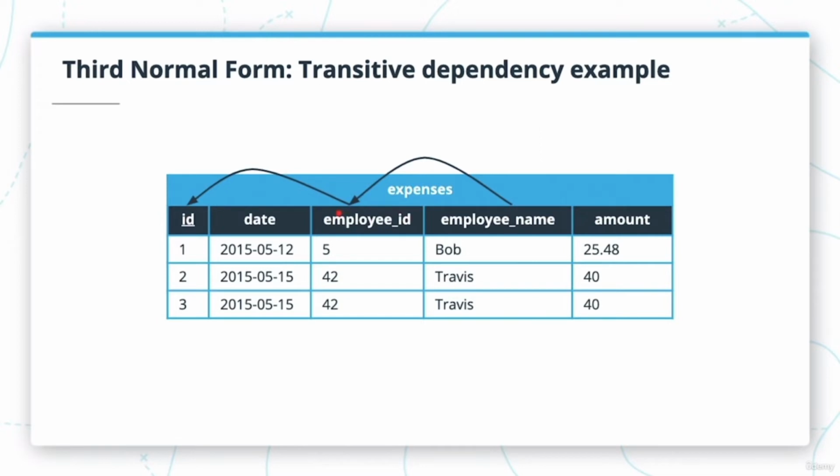And this is exactly what is meant by a transitive dependency. It's a dependency on the primary key through another column which is not part of the primary key. This kind of dependency causes duplications in the data, and thankfully it can be fixed.